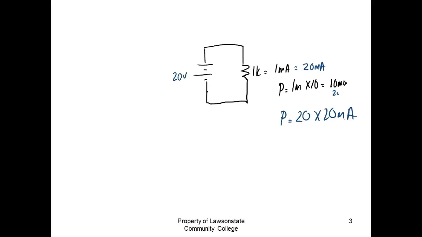It quadruples. The power quadruples because V and I are proportional. If you double the voltage to a circuit, the current doubles, and power is equal to V times I. So power varies with the square. If you go down, it's 1 over the square. If you go up, it's the square.